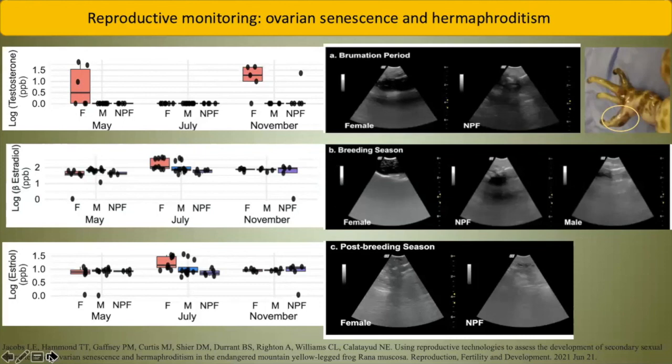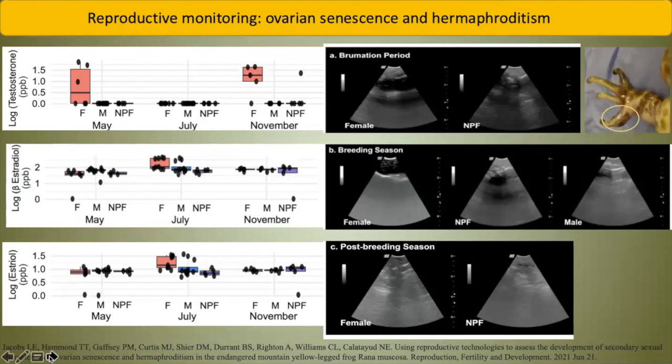And so some of our females started developing these nuptial pads. They started exhibiting amplexic behaviors, and so they were amplexing other individuals in the colony. And their ultrasounds started looking more reminiscent of a male ultrasound image, and that's because there were no longer any follicles. And when we looked back through the history of these animals, a lot of them had actually bred as females.